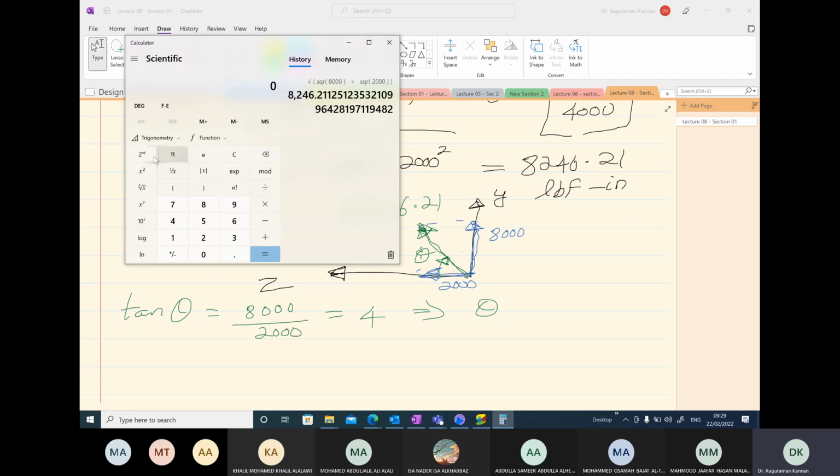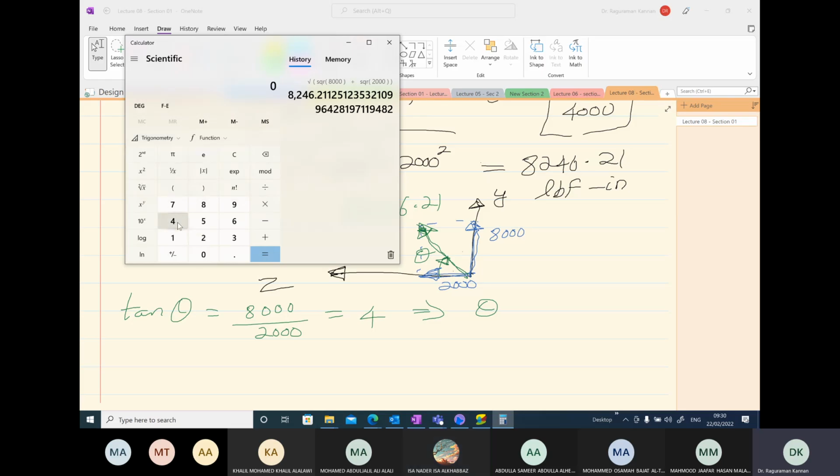How do I get the inverse? I don't want radians, I want degrees here. Click on trigonometry, then second, tan inverse.